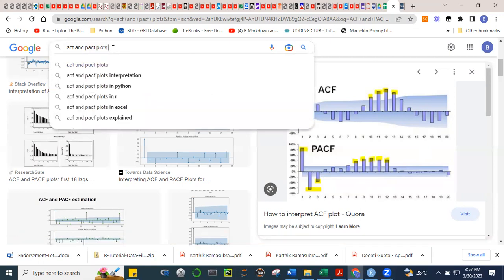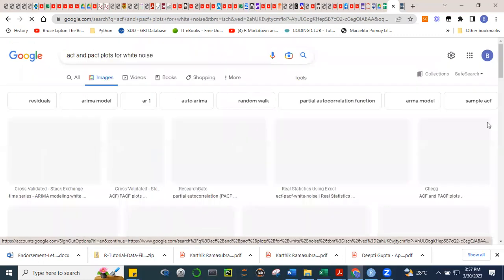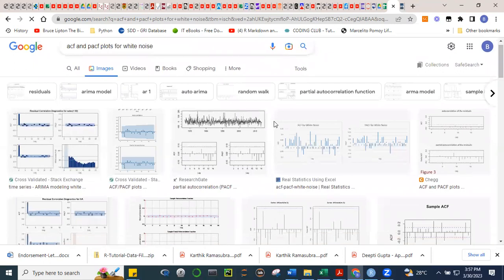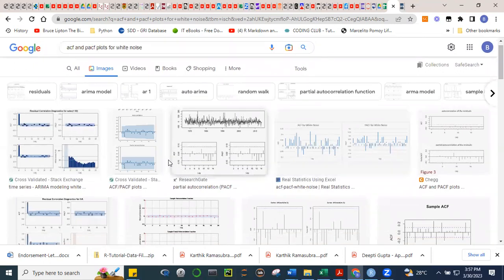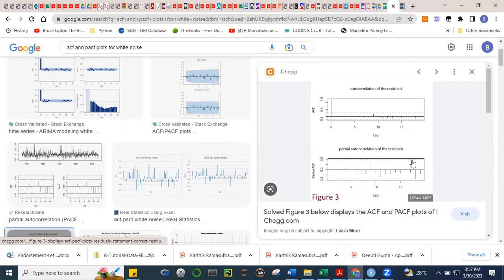Now, okay, let's take a look. See, ACF and PACF plots for white noise. There's such a thing as white noise. Okay, tingnan natin to. And take a look at this. So yung blue bands natin, itong dotted line dito, no?